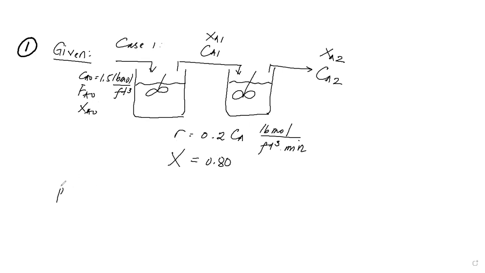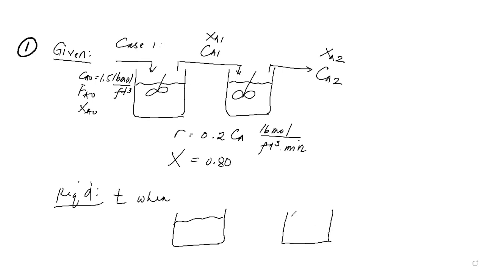So you are required to find T when, let's say for example, in this scenario, after several days, with this being Ca1 because it already reached a certain degree of conversion because the original scenario was this.